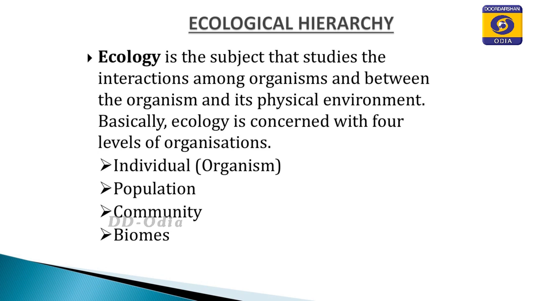Similarly, if we look at the ecological hierarchy, we shall see that there is interaction among organisms and between organisms and their physical environment, and ecology is concerned with four levels of organization. In the hierarchy, the simplest one is the individual or organism, followed by population, a group of organisms of one species, followed by community.